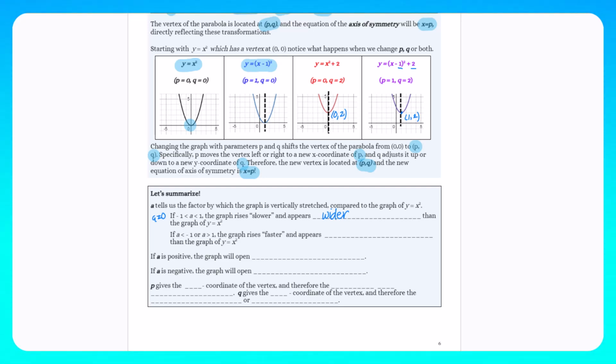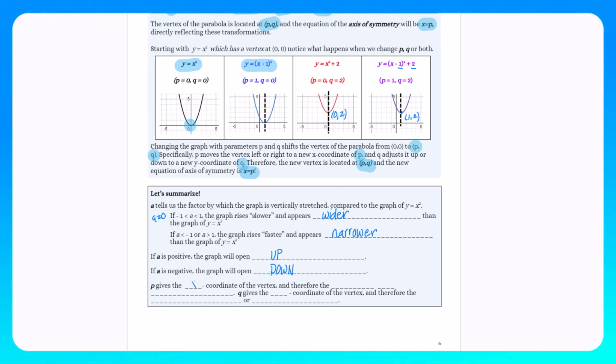If A is less than -1 or A is greater than 1, the graph rises faster, meaning it looks more steep, and it appears narrower than the original graph of y equals x squared. If A is positive, the graph will open up, and if A is negative, the graph will open down.